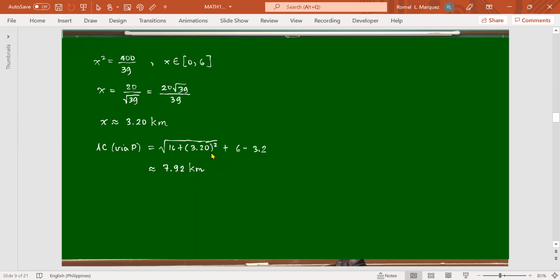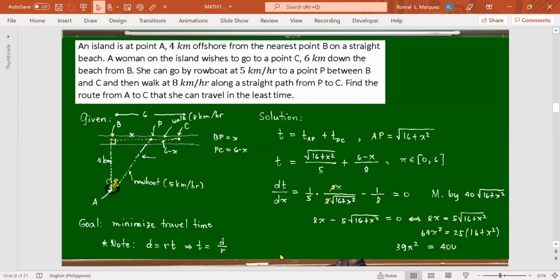Sir, I have a question. Yes. Sir, how do you get the equation for AP, the square root of 16 plus x squared? I kind of got lost. Di ba distance over rate? Ito, ang time ng AP is distance AP over rate niya.